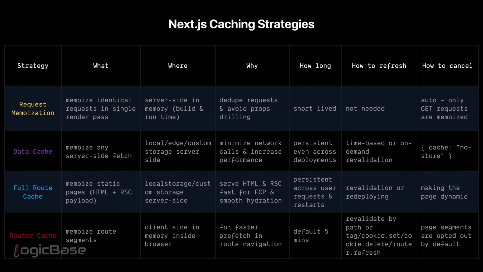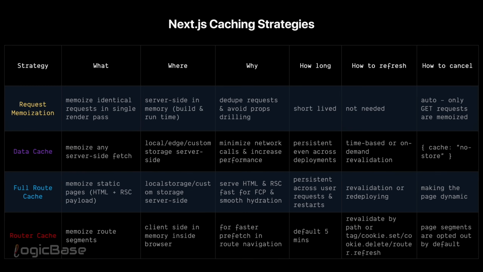But for static pages, the fully static ones, they get cached on the client side for 5 minutes. That means the full page, the loading state, the layout, everything gets cached. But in the case of dynamic pages, the page level is completely opted out. So you don't need to manually opt out or cancel anything yourself.